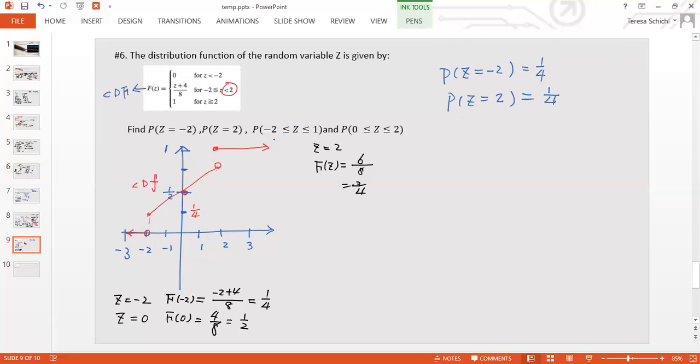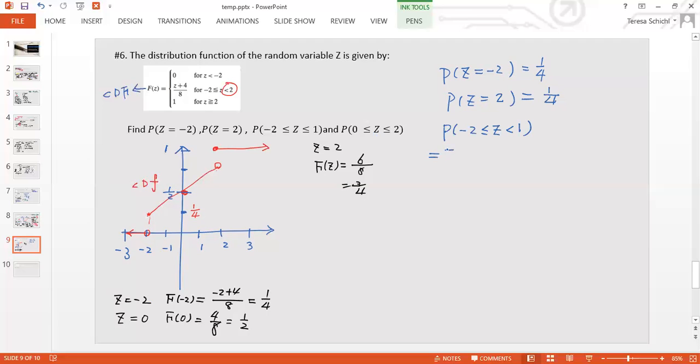Now they want us to find the probability. Okay, so now the next one is we want to find the probability of -2 less than z less than or equal to 1. Because this is my density, this is my CDF.